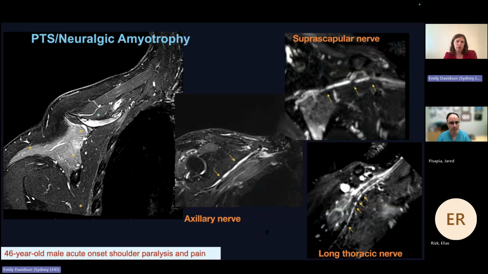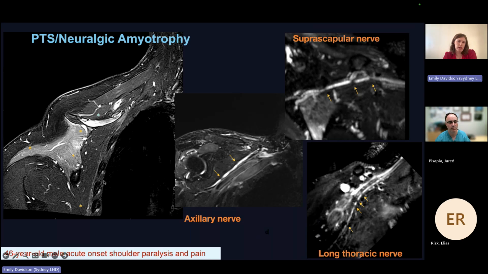Here's another example of that classic dense denervation. This was a young patient, 46 years old, who developed acute onset paralysis. And we're looking at these constrictions. Now, the thing with this is that we look at the denervation pattern first, which then helps us to go and look for the particular nerve.